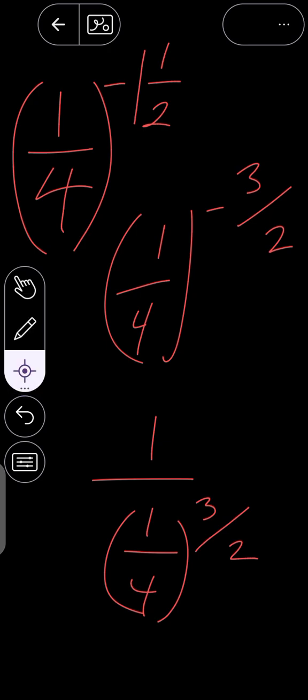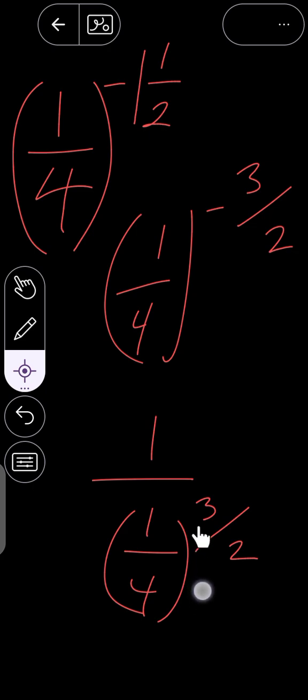That's the usual way of doing it that I taught you in class, so that this minus has been used to make it a fraction. So we now have 1 all over everything, the base raised to power 3 over 2. Now there's no negative sign there again.